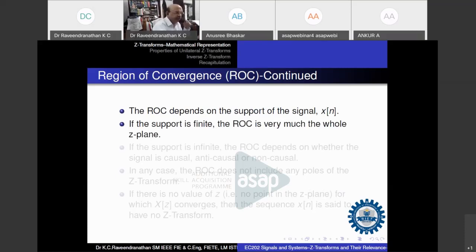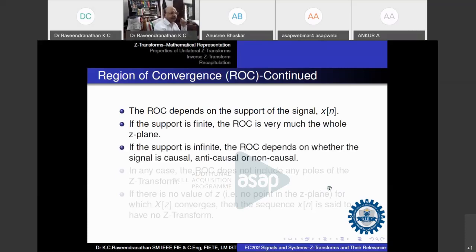If the support is infinite, on the other hand, the region of convergence depends on whether the signal is causal, anti-causal, or non-causal. Causal signals have components only of type x of n minus k, where k is a positive number. Anti-causal is just the reverse, x of n plus k. And non-causal means it has both positive terms and negative terms.